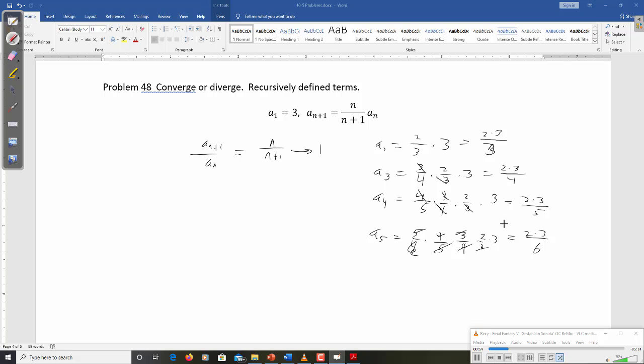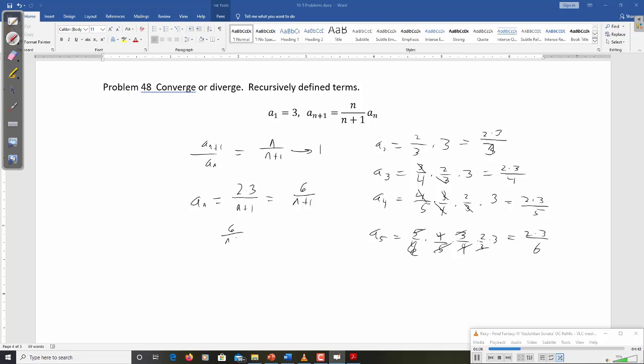Well, with that in mind then, we can come up with just a formula for a sub n. A sub n is 2 times 3 over, it is 1 more than the index, so n plus 1. And since that's the case, that's 6 over n plus 1. That is, I can compare with, say, 1 over n.